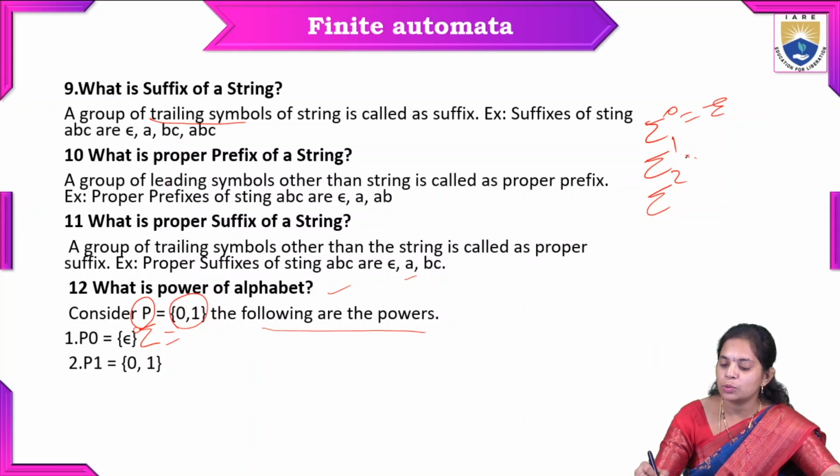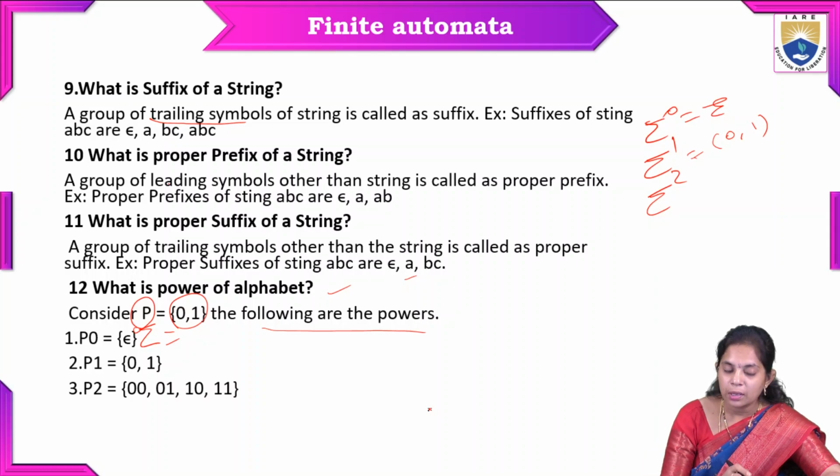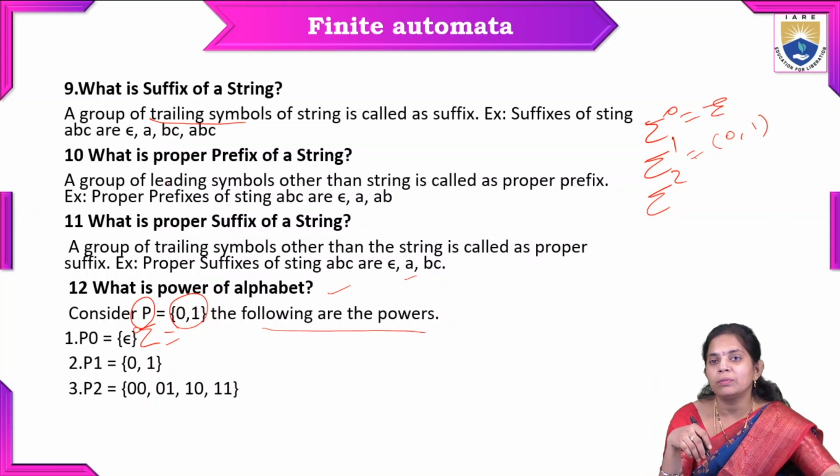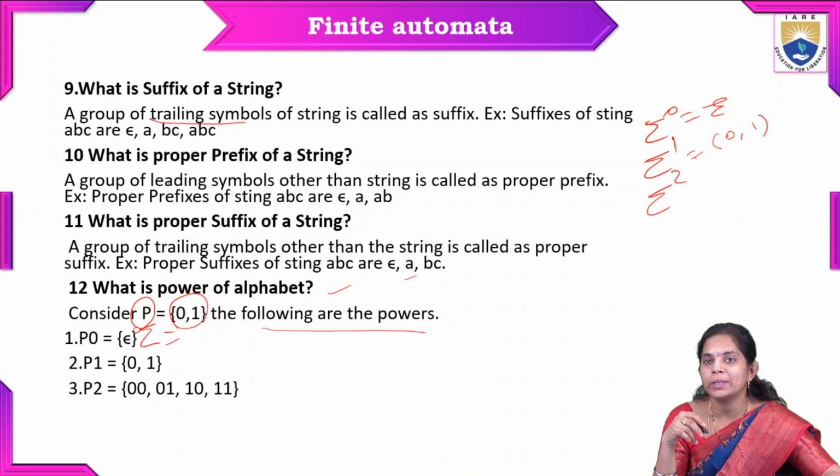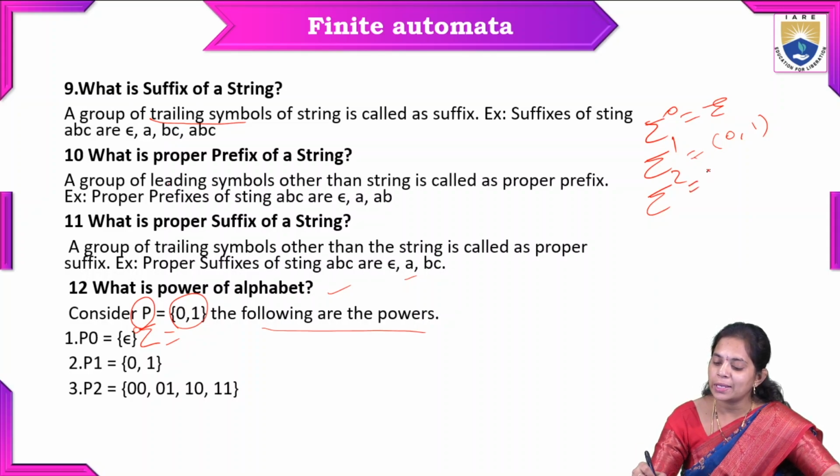Power 1 represents only the single values, 0, 1. And power 2 means the length of the string is 2. So what are the possibilities of strings of length 2? All will be written like this.